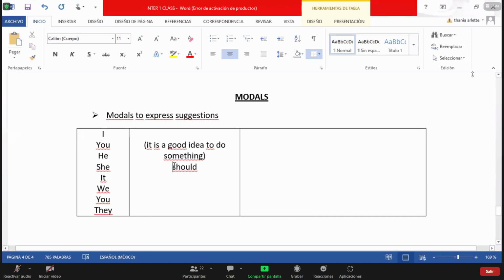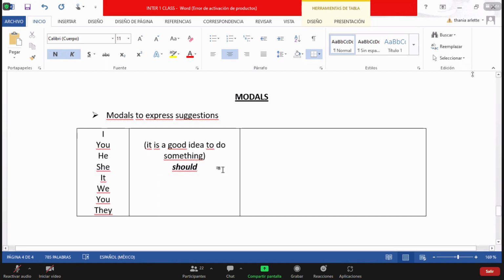So this is the first one. Let's put it in words like this, okay? So all the subjects take the form of should. Should doesn't have any contraction. It is necessary to say it in that complete form. I should. Okay, so no contraction for this.